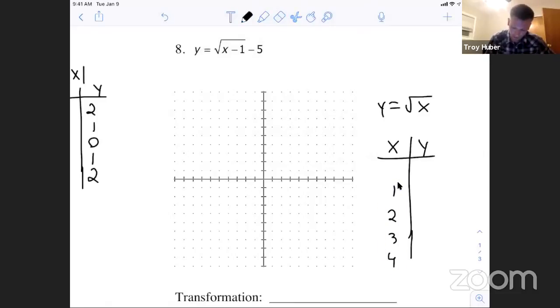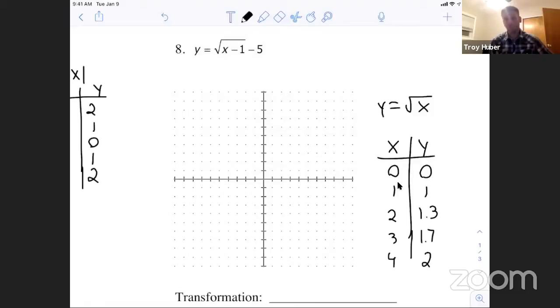Square root of 0 is 0. Square root of 1 is 1. Square root of 2, that's not a nice number, something like 1.3 or 1.4. Square root of 3, something like 1.7. Square root of 4, that's a nice one, 2.